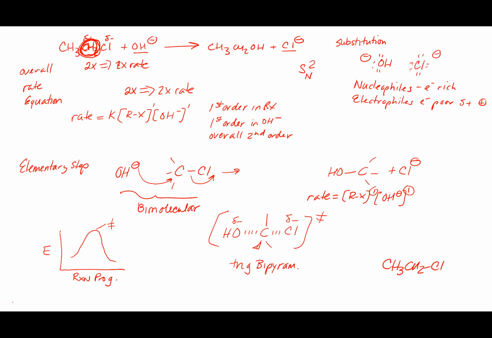So it's primary. Primary, secondary, and tertiary carbons, you determine by the number of carbons that they're attached to. Chlorine doesn't count. Only carbon. So this is a primary alkyl halide.